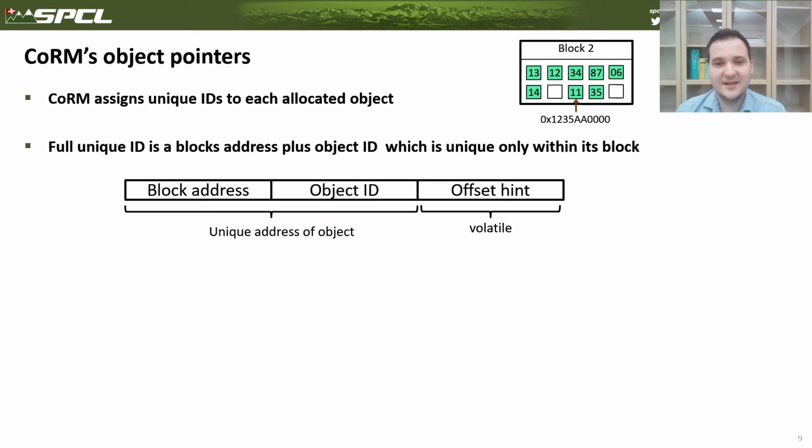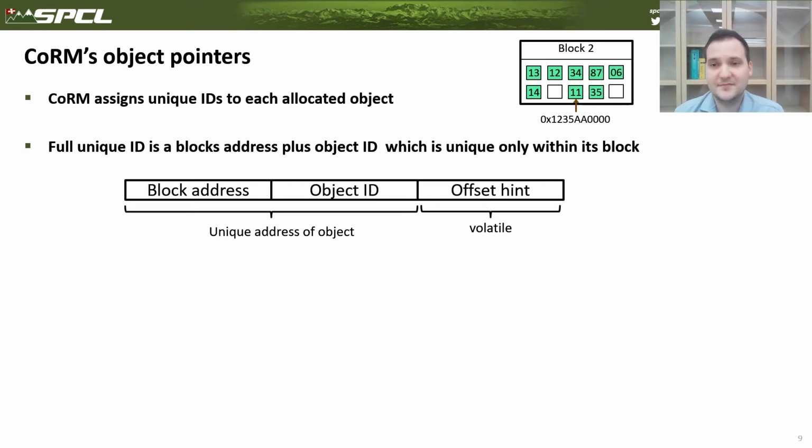So the key concept of CoRM is that CoRM assigns special unique IDs to each object. So each object is not uniquely defined by its virtual address, but by a combination of the address of the block and the object ID. The object ID is a randomly generated ID of the object, which is unique only within this block.